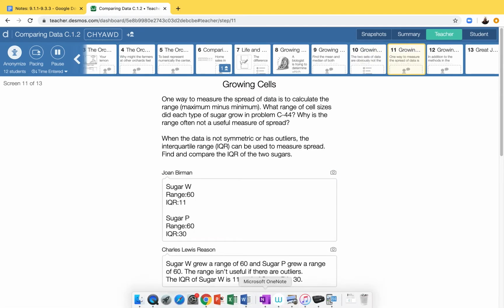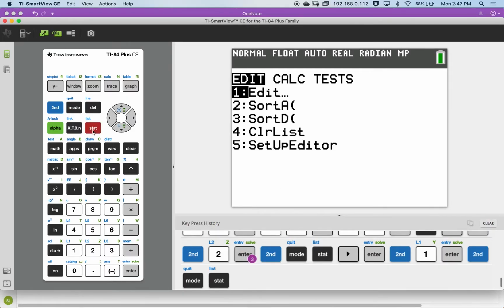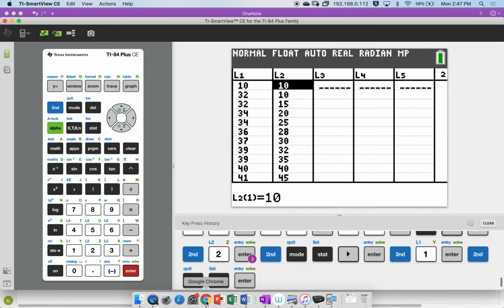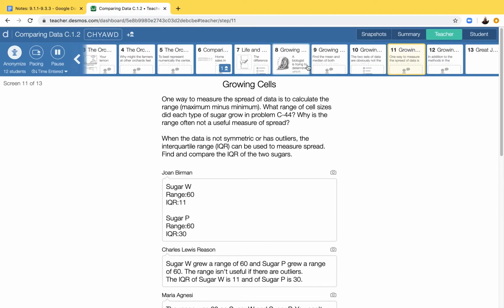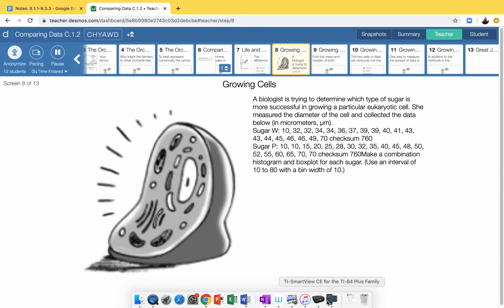Okay, so let's take a look. I've already put this data into my calculator. I want to show you one quick thing too. Stat, Edit. Here I have the first sugar in L1 and the second sugar in L2. It's really nice how they give you the checksum. So if you're ever working these problems in the future and they tell you the checksum is 760, that's how you can make sure you didn't make a mistake.